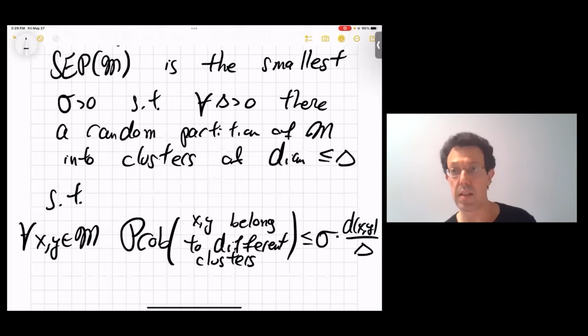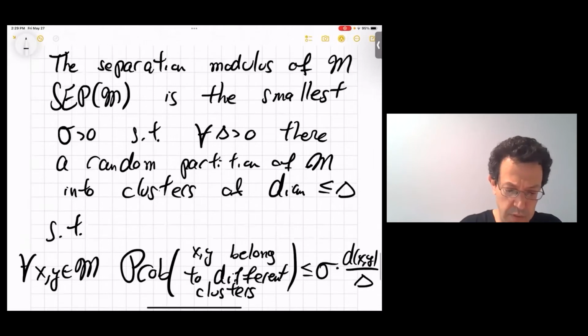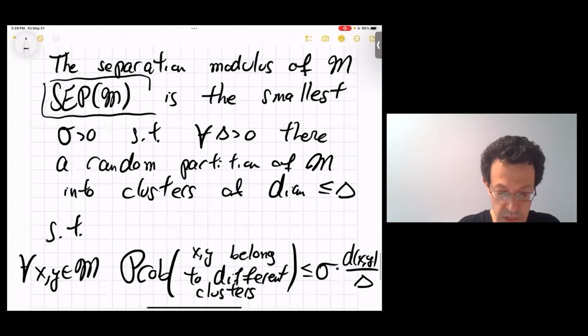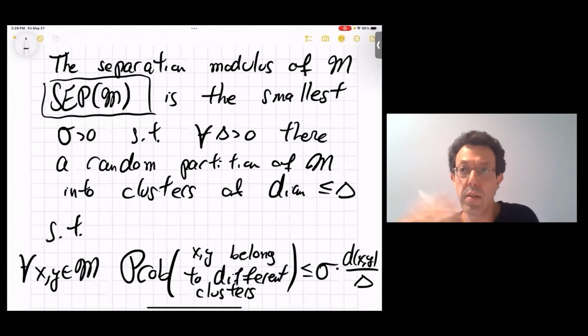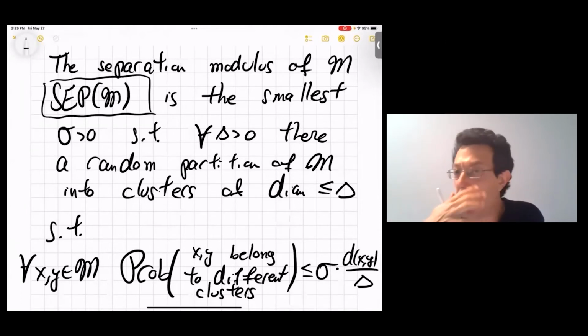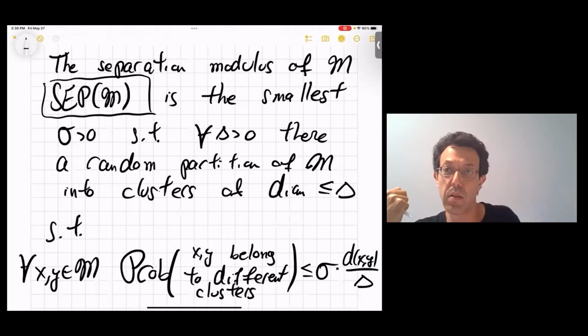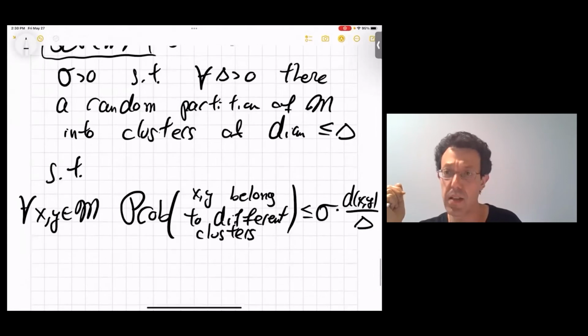So I divide by the scale that we're dealing with. This number that you associate to every metric space, the separation modulus, is invariant under bi-Lipschitz transformations, and it's the most basic notion of random partition, in which boundaries are stochastically small. Points that are nearby fall into the same set with high probability.